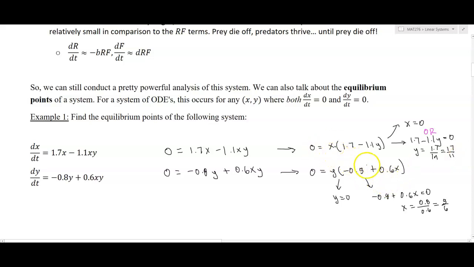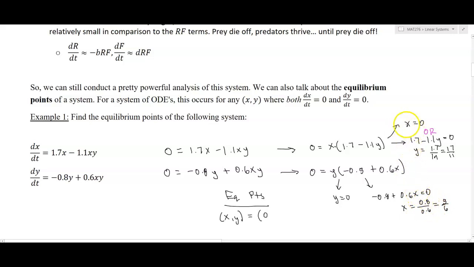So how do we couple these equations together? Well, in the first equation, if x is 0, that will work. So our equilibrium points are going to be x and y. So for the first equation, either of these two things can happen. x can be 0 or y can be 17/11. So if x is 0, now I need to ensure that the second equation is also equal to 0, and that's going to occur when either y is 0 or if x is 8/6.